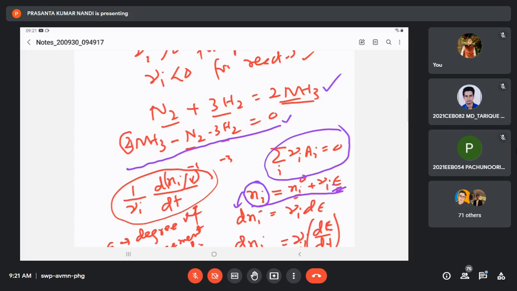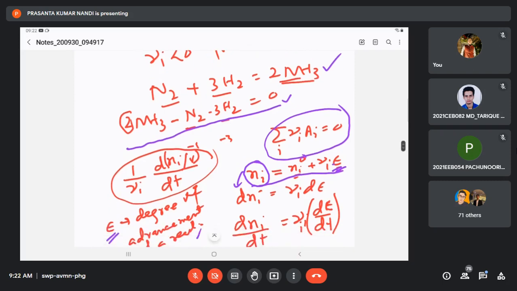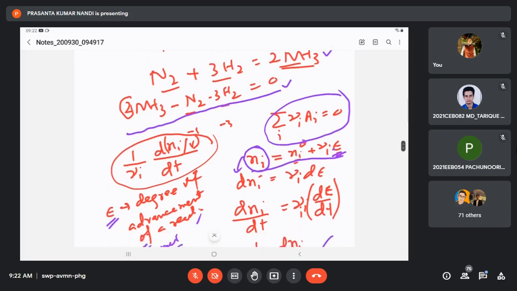And what is n_i superscript 0? n_i 0 indicates the number of moles of that species at the start of the reaction. Plus nu_i into epsilon. What is epsilon? Epsilon is a quantity we call the degree of advancement of a reaction.